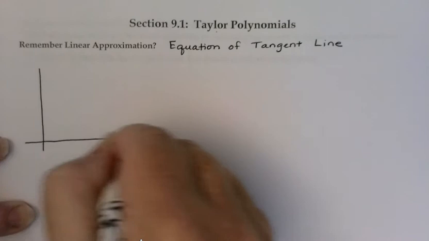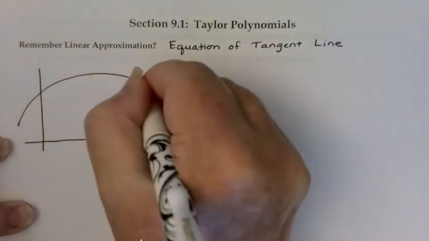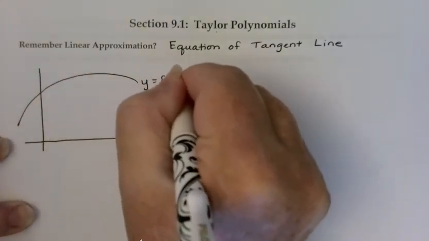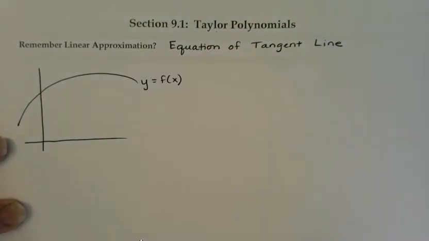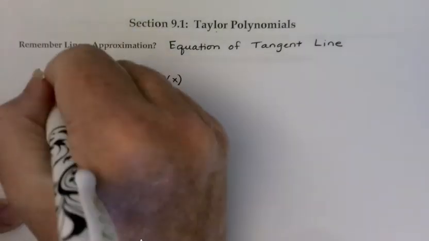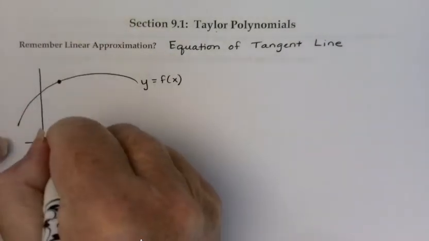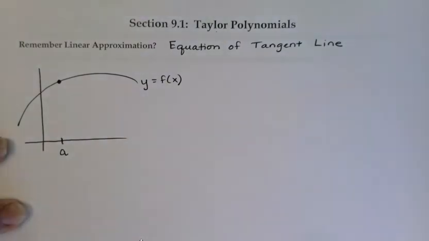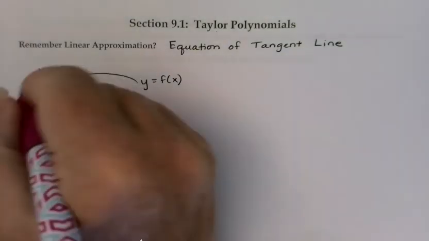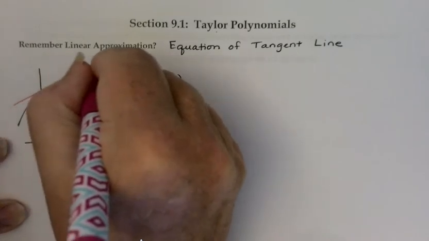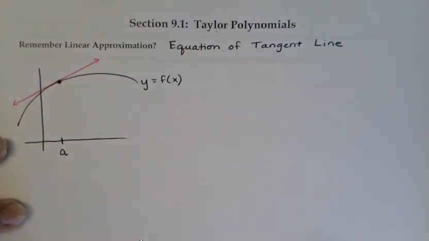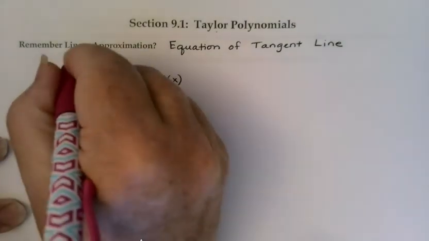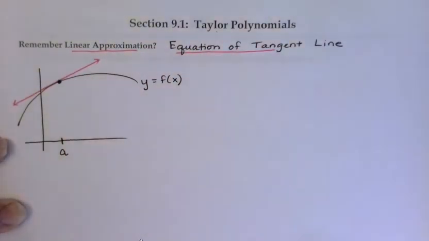And so if I have some generic function y equals f of x, and my goal is to find the linear approximation, or in other words, the equation of the tangent line at some specific x value. Let's say that's x equals a in general. Then to find the equation of that tangent line, or linear approximation, I need the point and the slope to come up with the equation of a line.